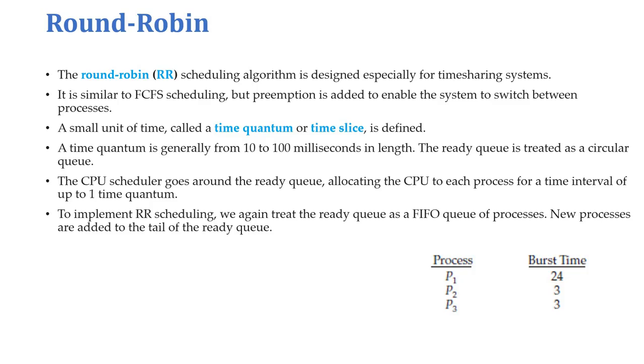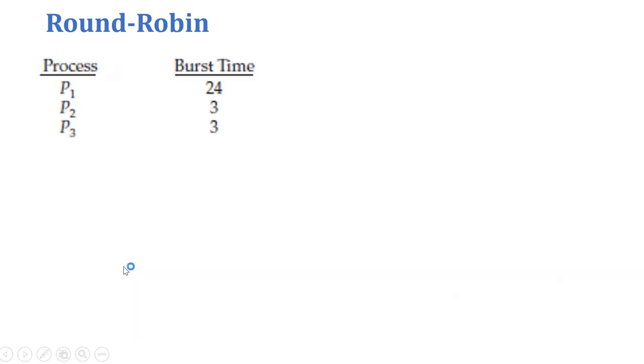We take the same example that we solved with first come first serve, so that after finishing we can see the difference between first come first serve and round robin. Here the time quantum is decided, with a length basically from 10 to 100 milliseconds.